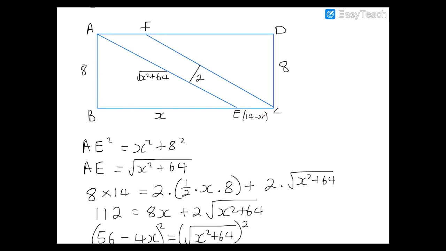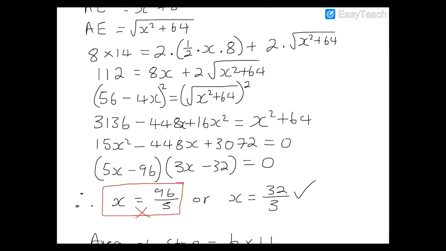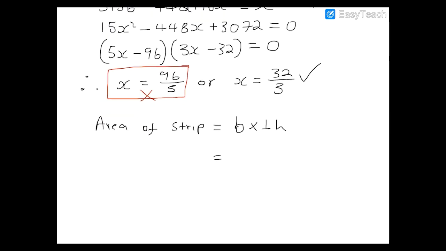We just want to run away from using the square root there. So we'll take this as a base, 14 minus x, which is 32 over 3, multiplied by the perpendicular height, which is 8. And if you solve that, you get an answer of 80 over 3.